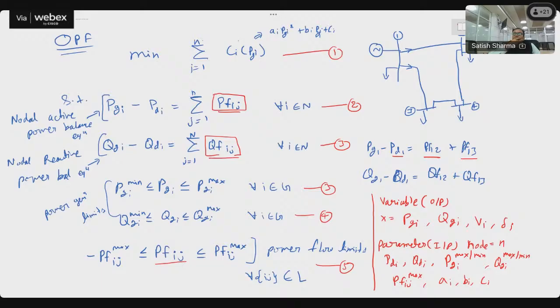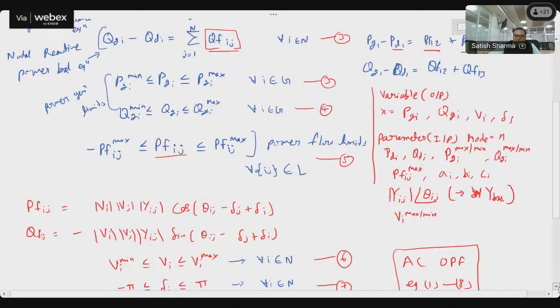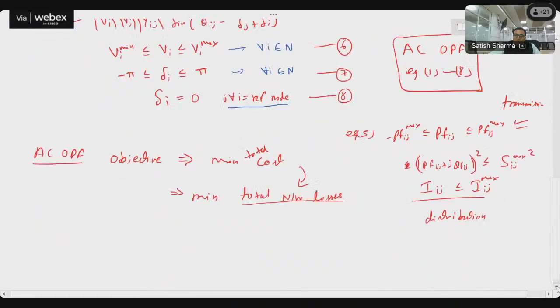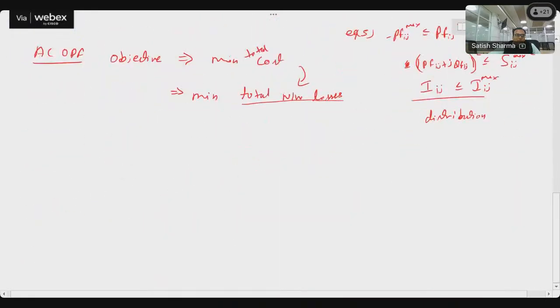How can I calculate the losses? Should you put the loss formula, or are the losses already there? So we have to look at it very judiciously.